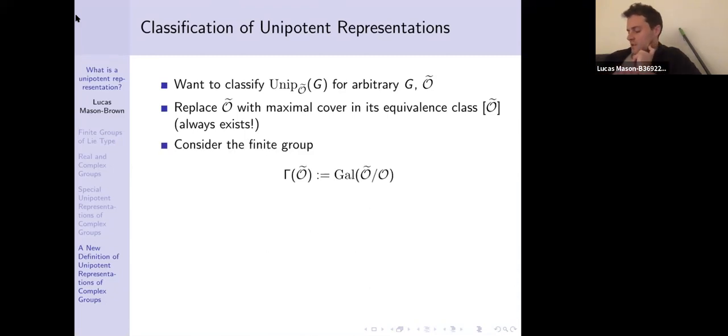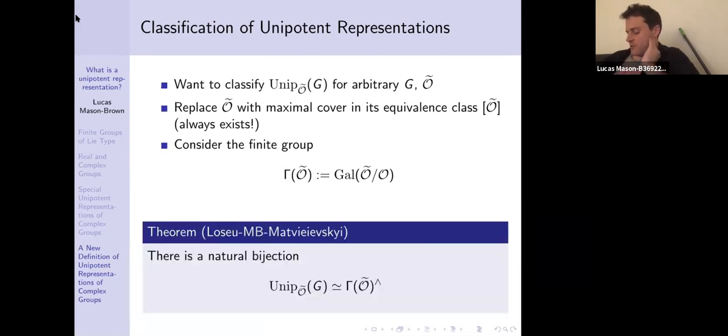Instead of Lusztig's quotient, which is what appears in the Barbasch-Vogan result, we consider this finite Galois group. Our result is that there is a natural bijection between unipotent representations of G attached to O tilde and irreducible representations of this Galois group.